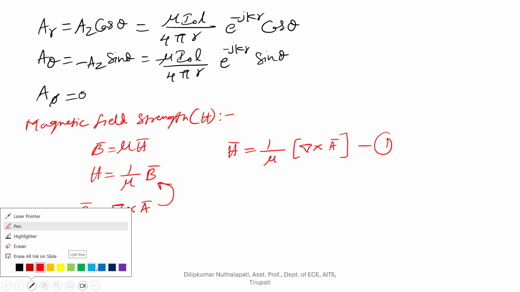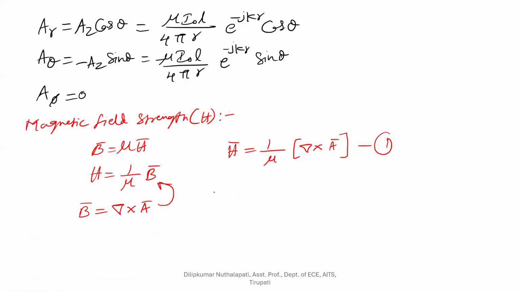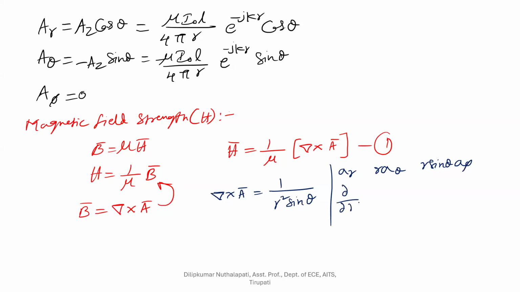Then we get del cross A bar is equal to 1 by r square sine theta with the unit vectors a r, r a theta, r sine theta a phi, with the differential operators dou by dou r, dou by dou theta, dou by dou phi, and the last row will be the vector potential components Ar, r A theta, r sine theta A phi.